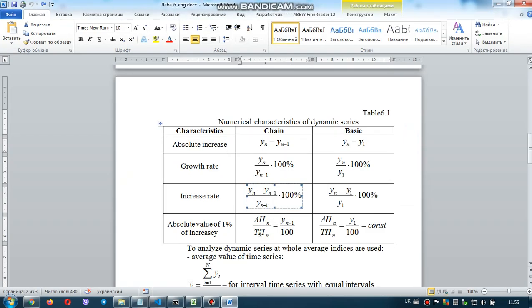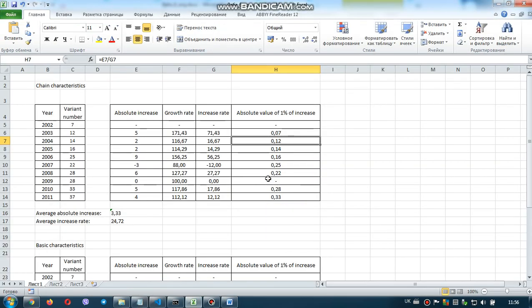Absolute increase and increase rate. Абсолютний прирост і темп приросту. And as a result you obtain these values. In this case we indicate empty space because division by 0.